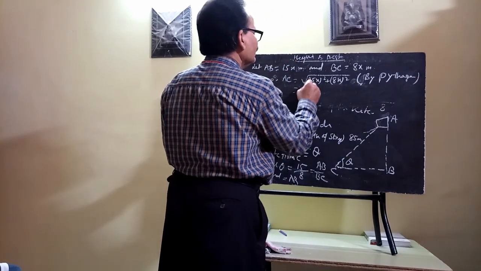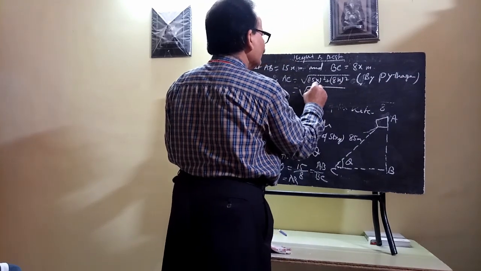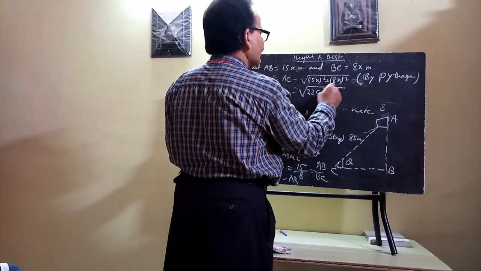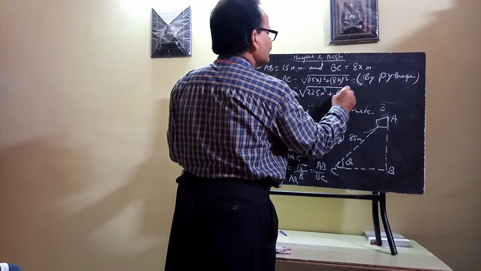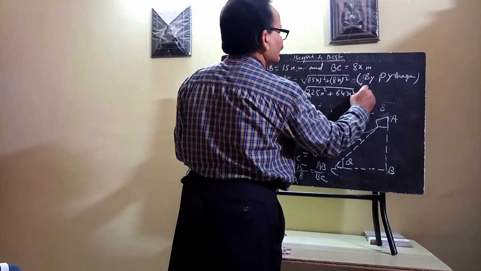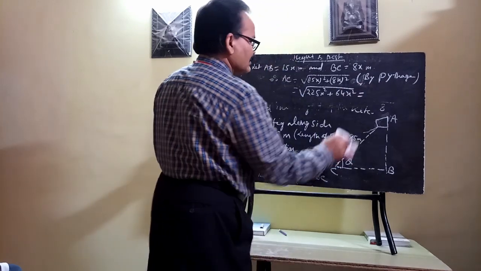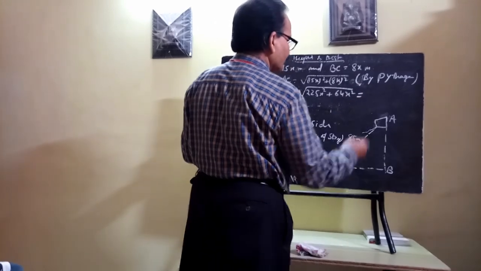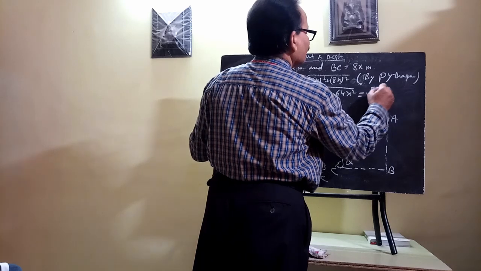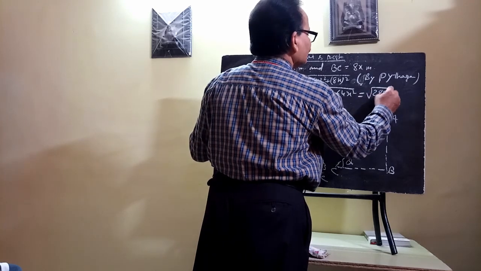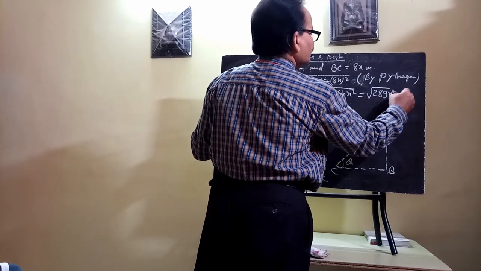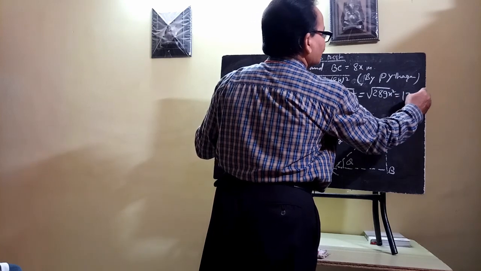So this is your 225x square plus 64x square, square root of 289x square, which ultimately is 17x.